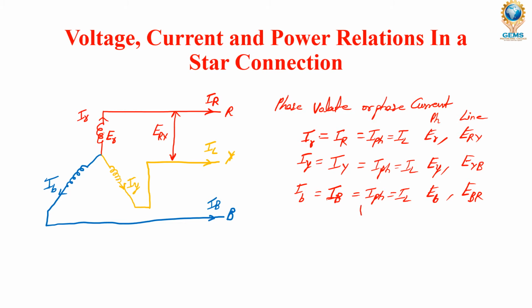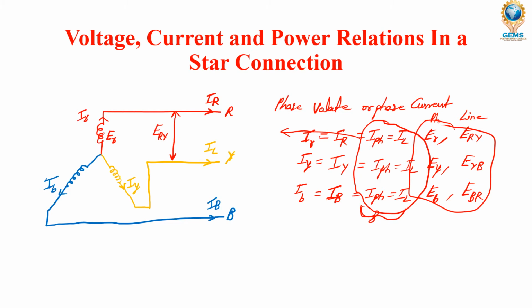Phase current and line current are same in star connection, but phase voltage and line voltage are different. EYB is the voltage between Y phase and B phase.